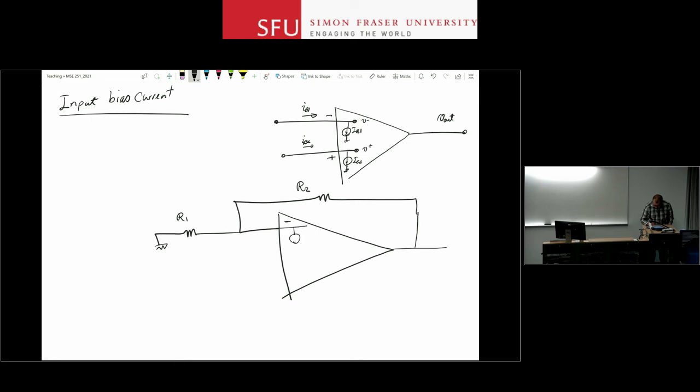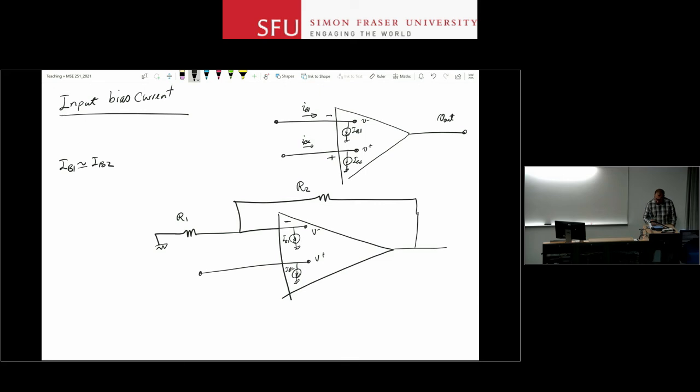I'm going to add the input bias current sources inside the op-amp. You can put them outside as long as you keep in mind that this is something happening inside the amplifier, not external to it. Assuming that IB1 is equal to IB2, I'm going to ignore the possible difference between the two.